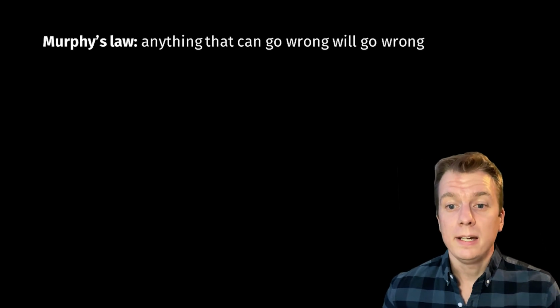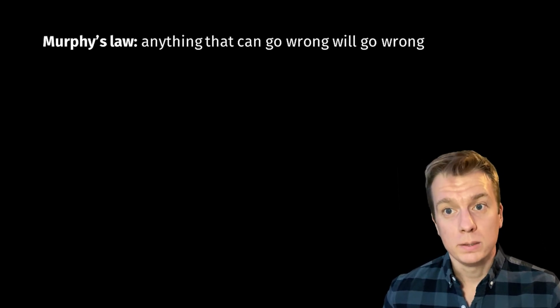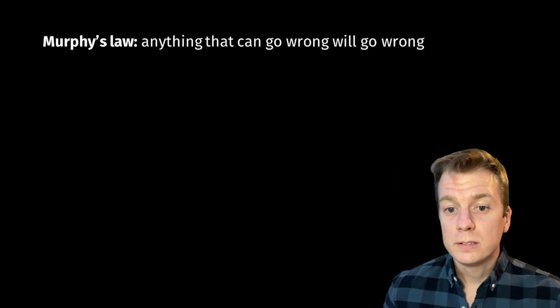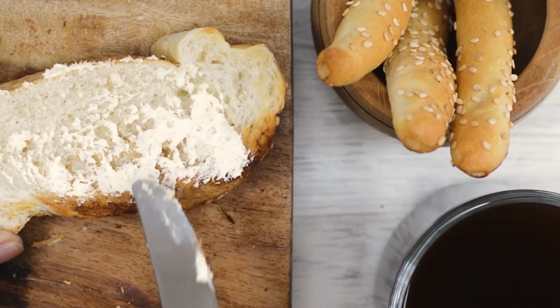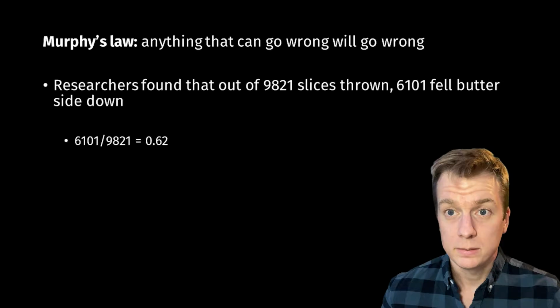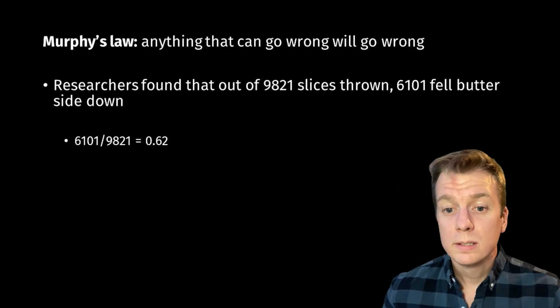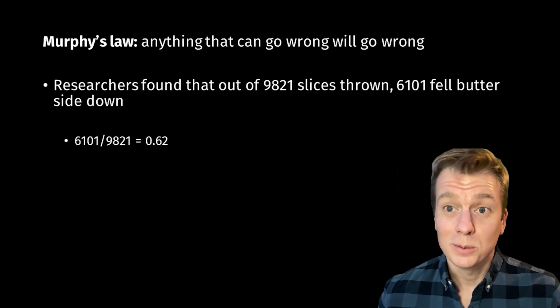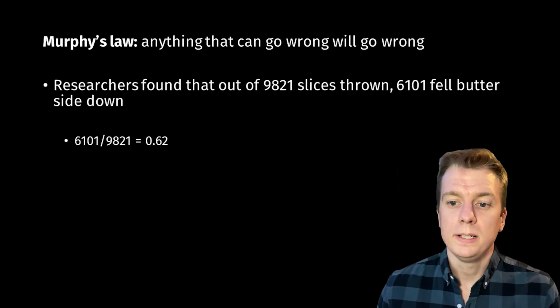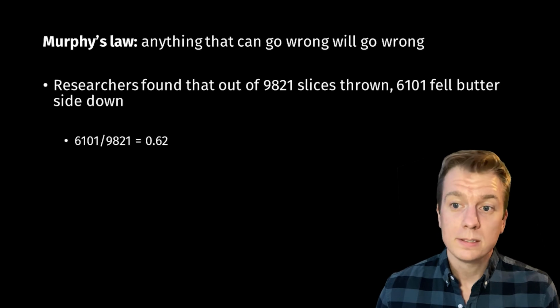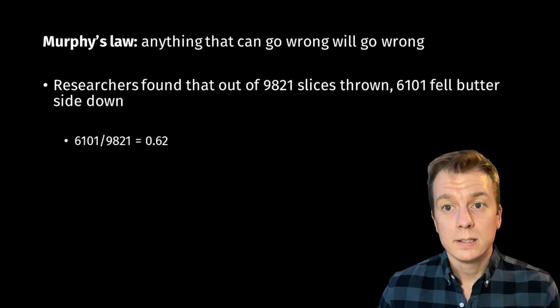Murphy's Law states that anything that can go wrong will go wrong. Researchers tested this by throwing a bunch of toast into the air and seeing if they landed butter side up or butter side down. Of course, butter side down is the thing that goes wrong. They found that 6,101 of the 9,821 slices of toast that they threw landed butter side down.